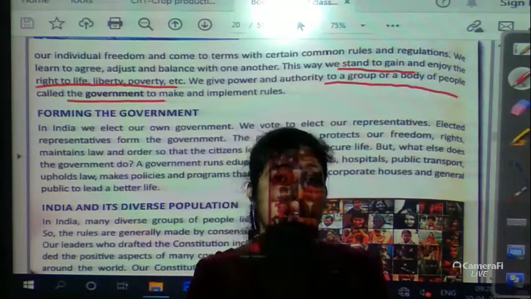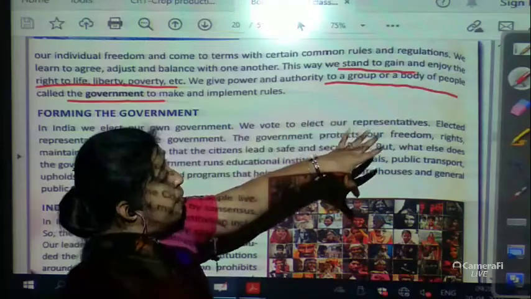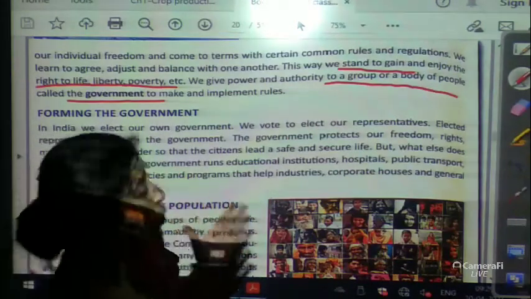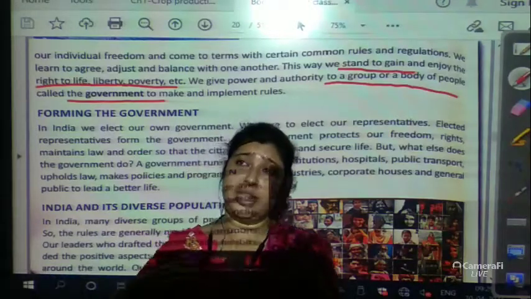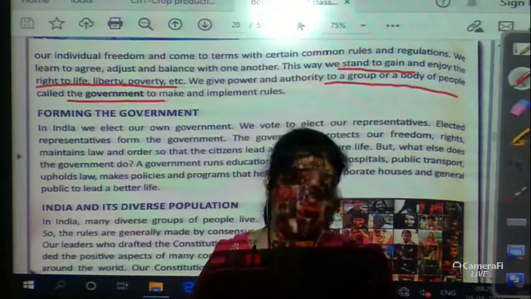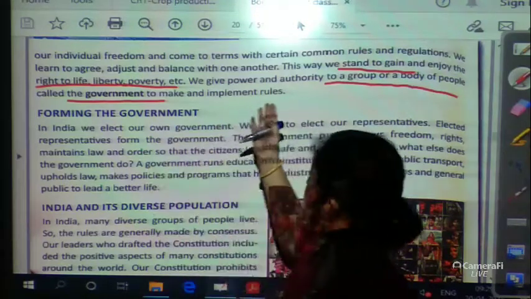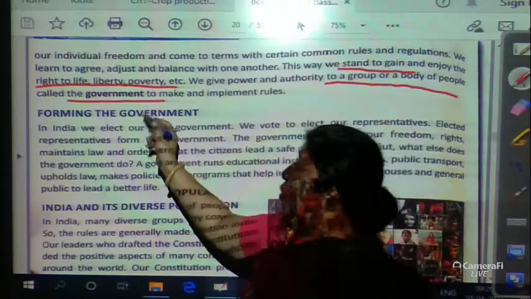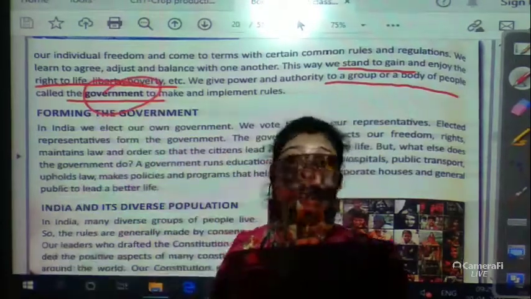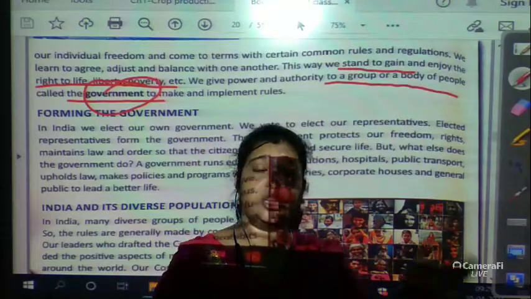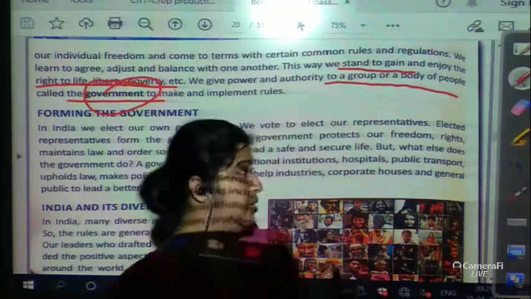So a group of people, or a party, comes to our country and makes some rules and regulations, and they are known as the government. So we choose our government and the government looks after us.